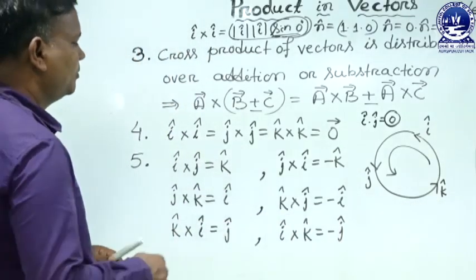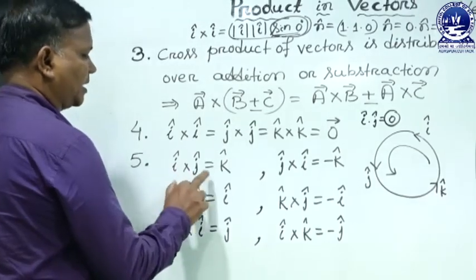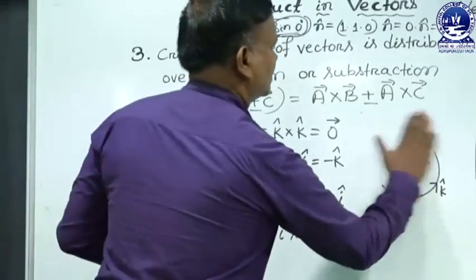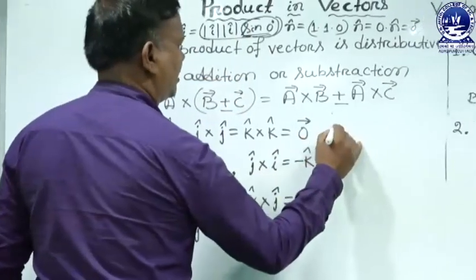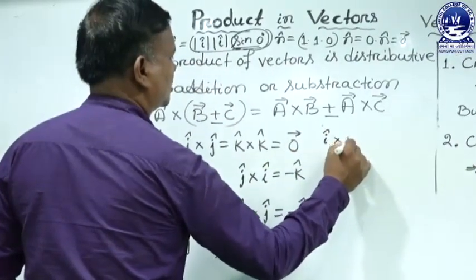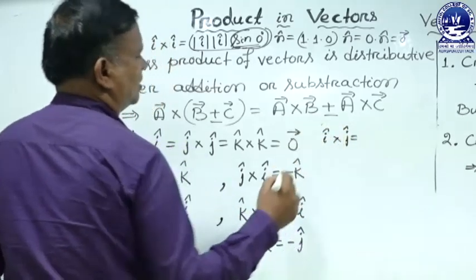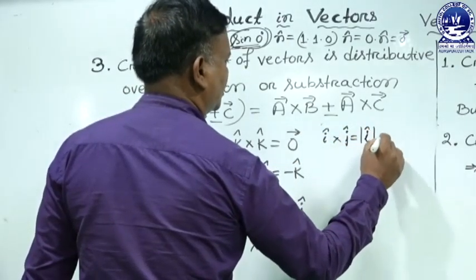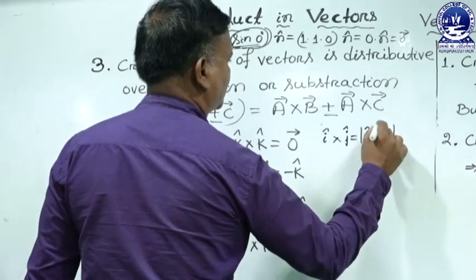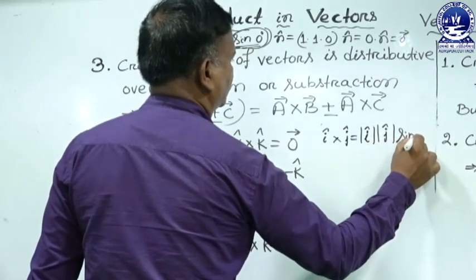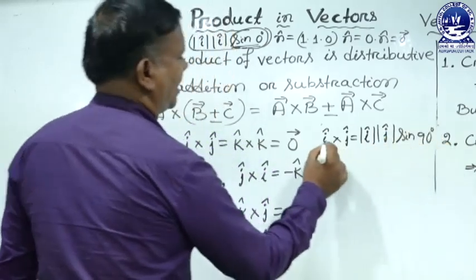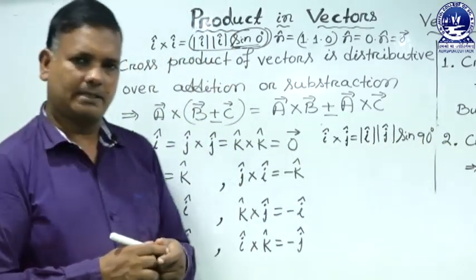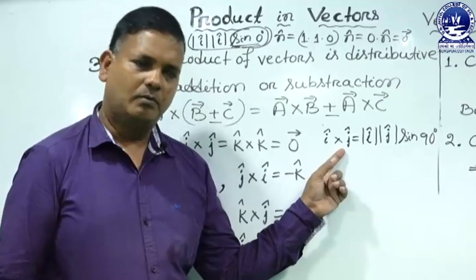Now we have to prove how i cap cross j cap is equal to k cap. Suppose we take i cap cross j cap. The formula is magnitude of i cap, then magnitude of j cap, then sine 90 degrees, because i cap is along the x axis and j cap is along the y axis.